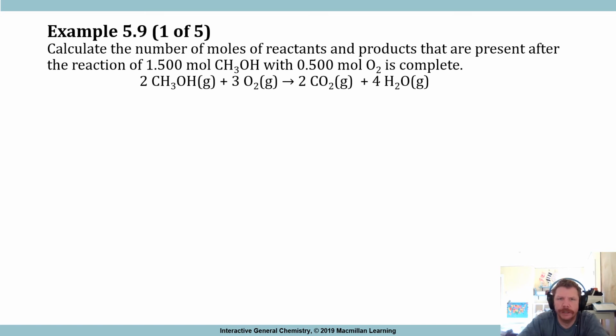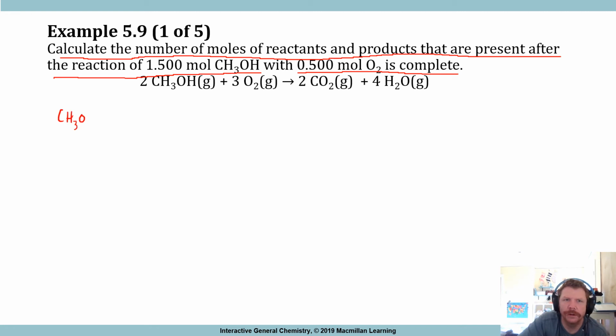Now, let's go ahead and take a look at this problem. Our question is, calculate the number of moles of reactants and products that are present after the reaction of 1.5 moles of CH3OH with 0.5 moles of O2 is complete. Okay, so we have our reactants of CH3OH, O2, our products, CO2, H2O.